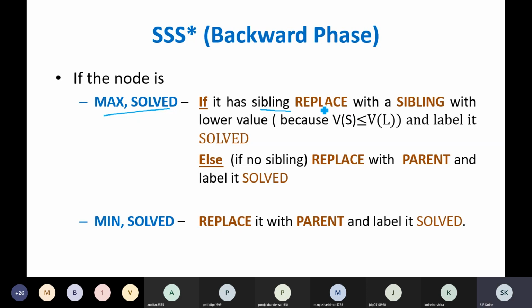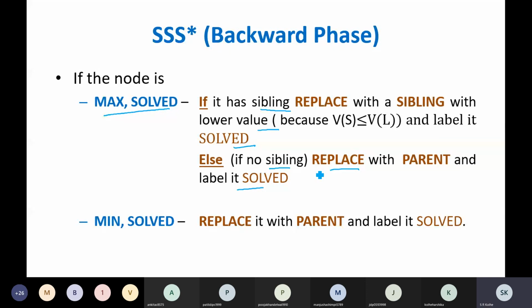So if it is solved and it is max, and it has a sibling, replace with the sibling with lower value, because the value of a strategy is always less than or equal to the value of a leaf node, and label that as solved. Else if it does not have a sibling, replace with the parent node and label that node as solved.